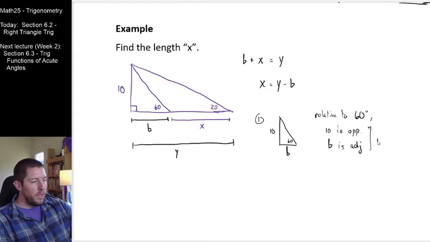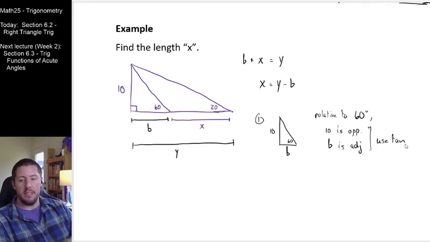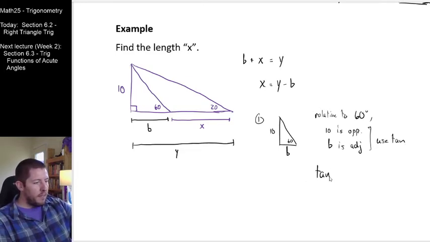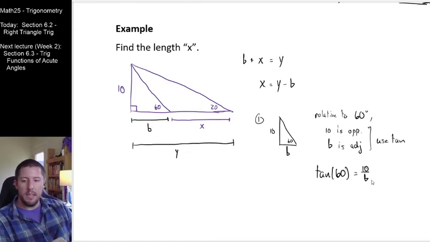Based on this, we should use a tangent expression to help us relate these guys to each other. Opposite over adjacent is tangent right here. So I'm thinking to myself, I can make the statement tangent of 60 degrees should be equal to opposite of 60, which is 10, over adjacent of 60, which is b. I'm going to multiply both sides by b, and I'm going to divide both sides now by tangent of 60.